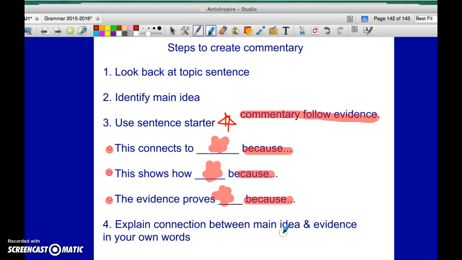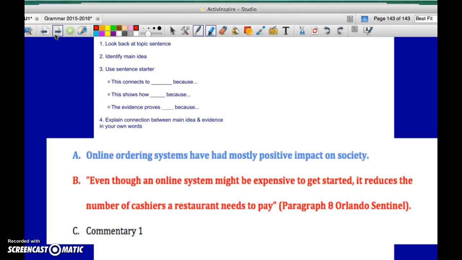And I'm going to get to that in a second. The last thing that you do is where you see this because and the ellipses, the dot, dot, dot. That's where you're going to explain the connection between the main idea and evidence, again, in your own words. So as a quick example, I'm going to go back to Christine's topic sentence.